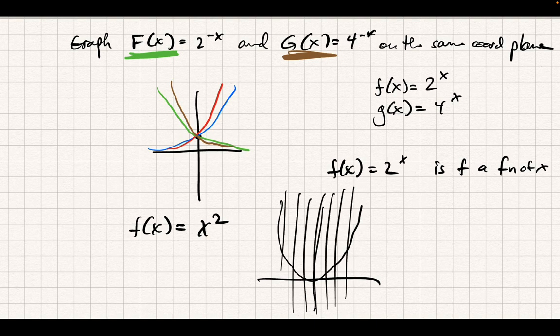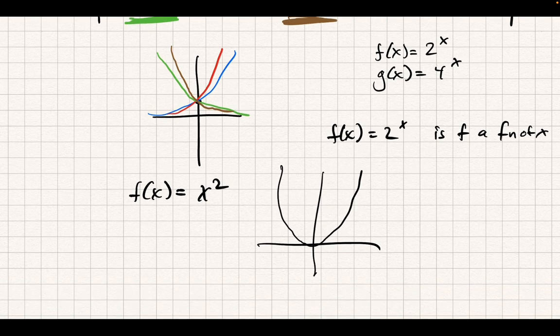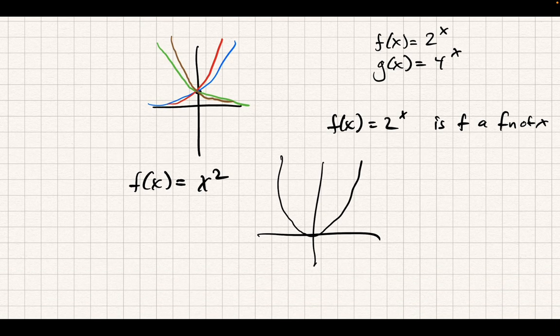Say it again. Vertical, up and down line test. Yeah, it passes the vertical line test. Give me an example of a function or a graph that fails the vertical line test. The absolute value of y equals x. Doesn't it go like this?